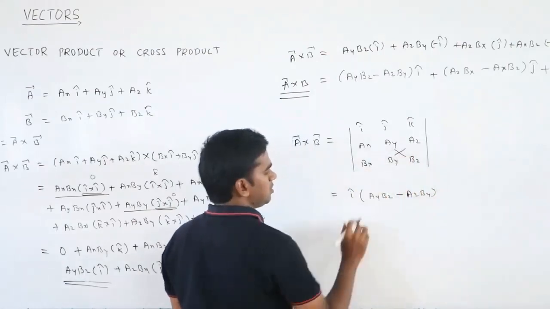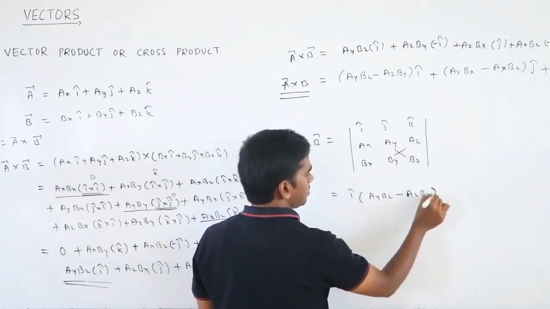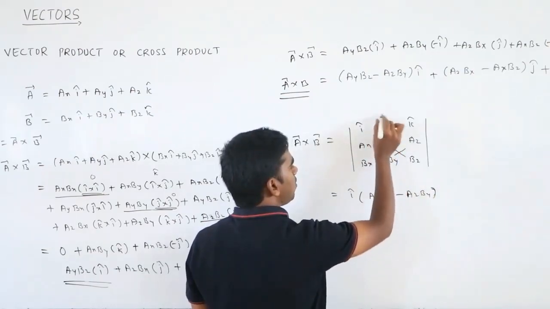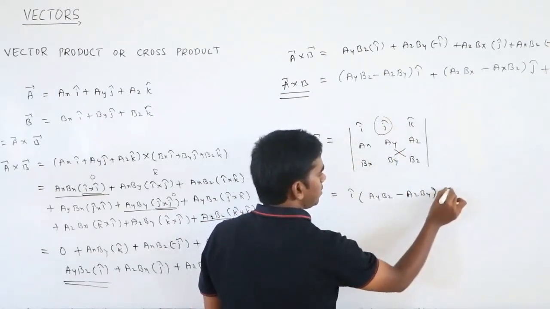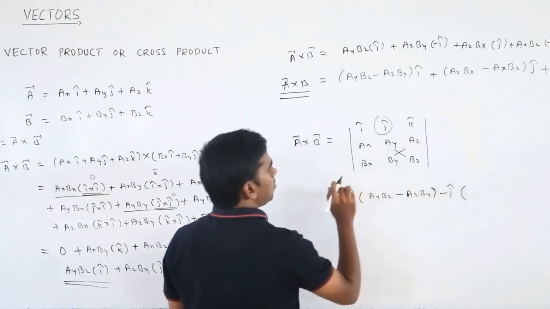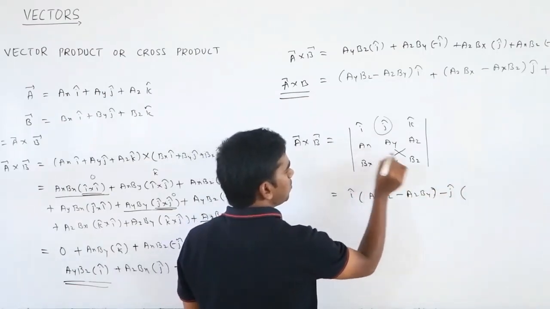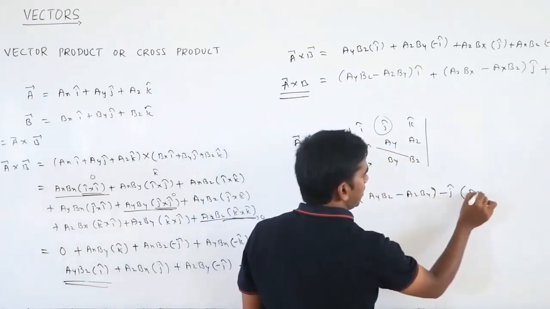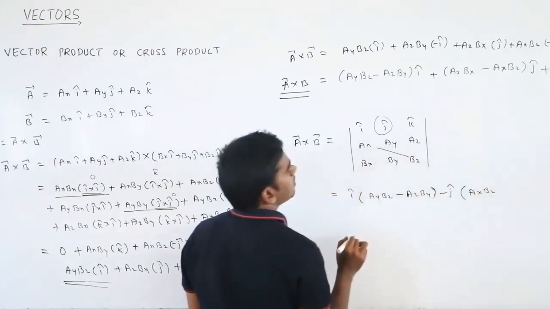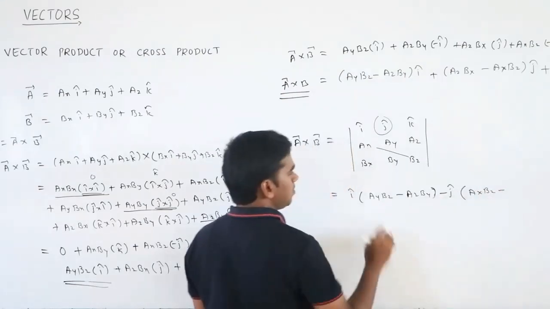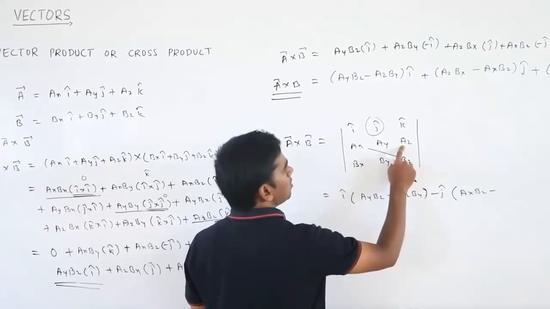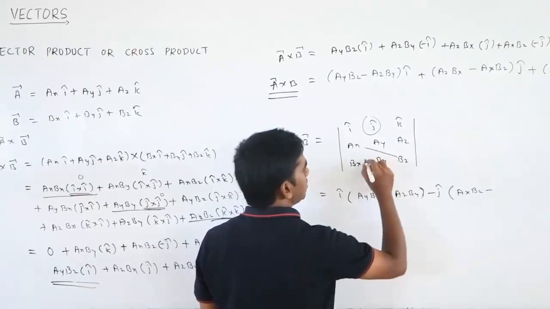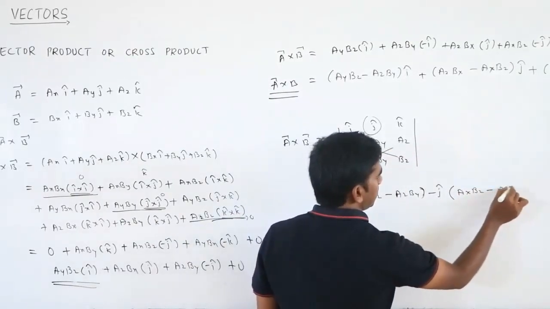Okay, so this one is over. So next what you have to do is you have to take minus of j cap. Now you have to multiply this one and this one. So multiply ax bz minus bx az, or az bx. Okay, so these two, az bx.